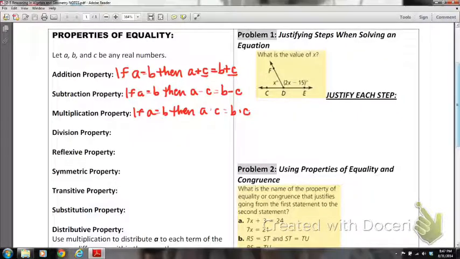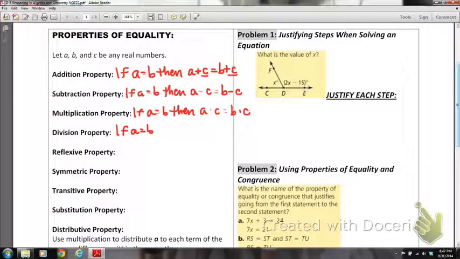The division property: if A equals B, then I can divide both sides of the equation by the same number, and I will still have an equation. There's only one exception, is that whatever you divide by cannot be 0, because division by 0 is not defined.